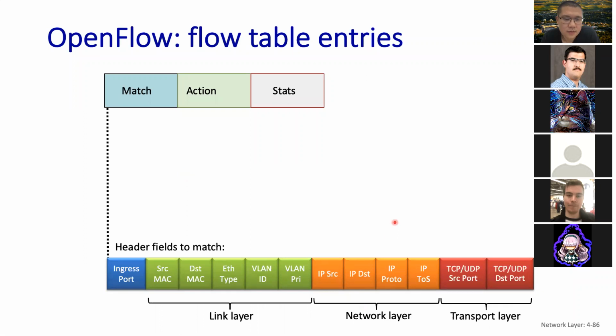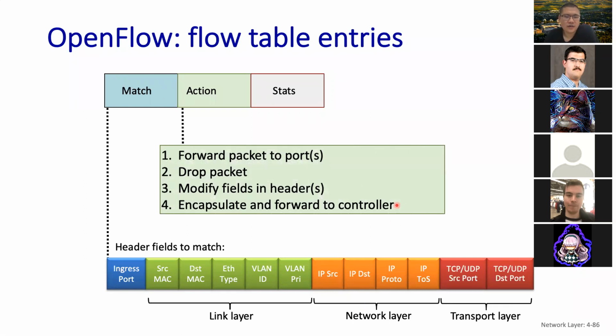Okay, so you can see here, the match with the action. So the action could be forward a packet to some port, drop some packet, modify fields in the headers, and you can encapsulate and forward to the controller, right? But the match condition depends on your demand, right? What kind of demand you want to serve? It's a firewall, or it's just better routing, right?